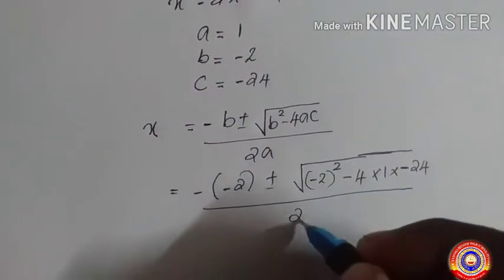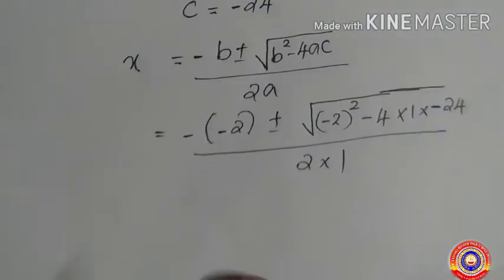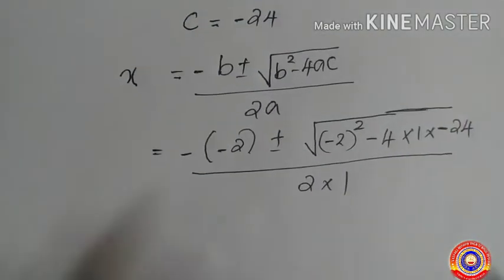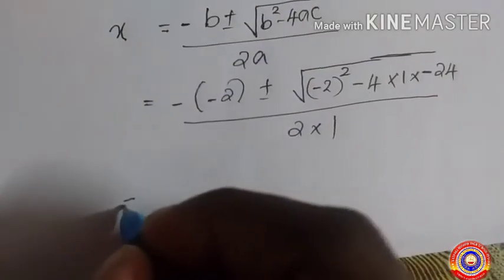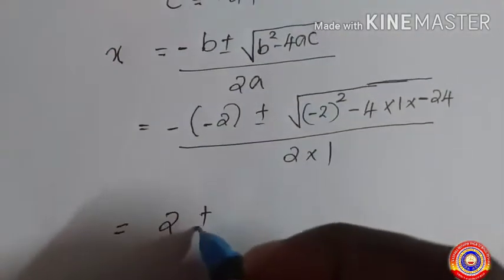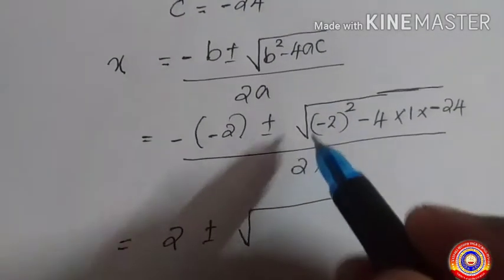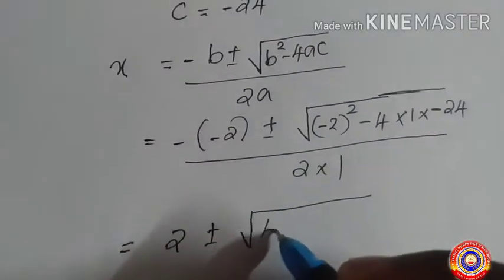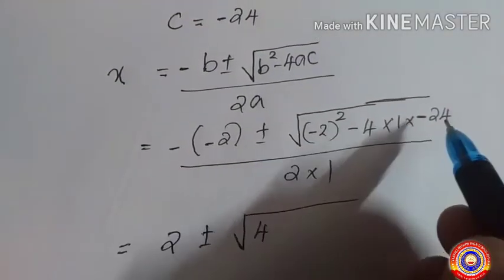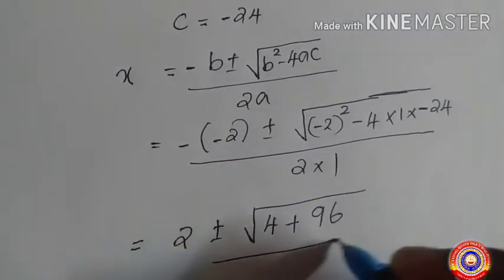Okay, next we have to simplify this. Minus of minus 2 is equal to 2, plus or minus root of minus 2 the whole square is 4. Minus into minus becomes positive, plus 96, divided by 2.